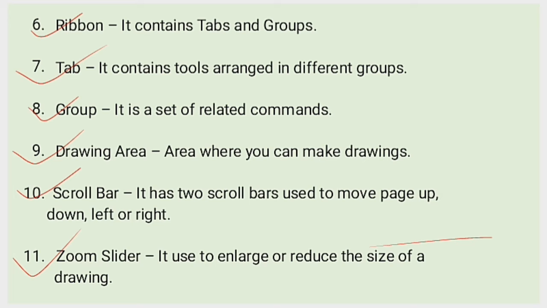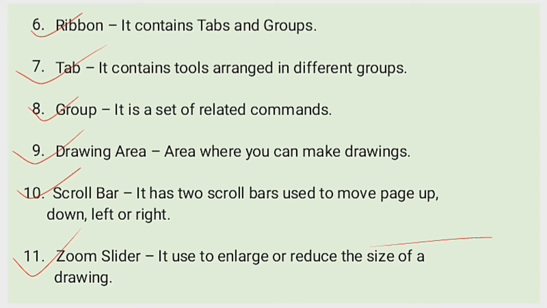Scroll bar. It has two scroll bars used to move the page up, down, left or right. We have already learnt that in a mouse there is one scroll wheel that is used to move the page up and down.